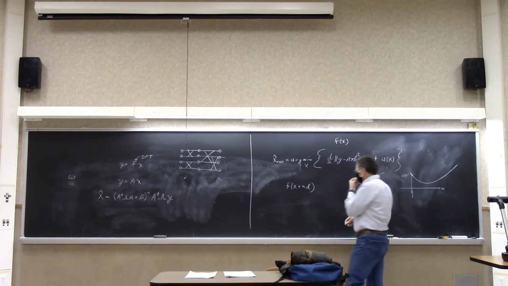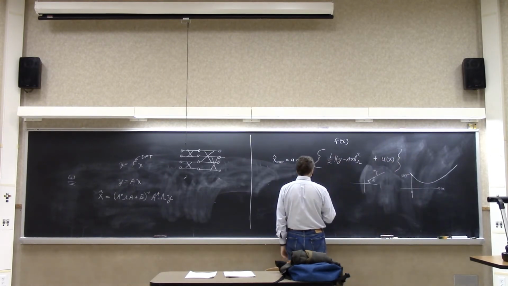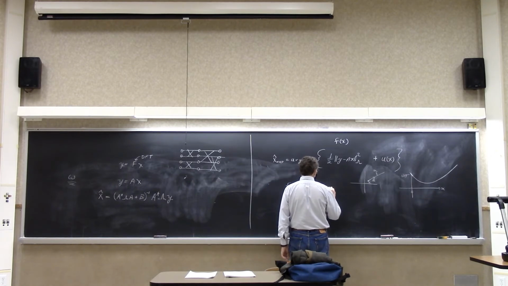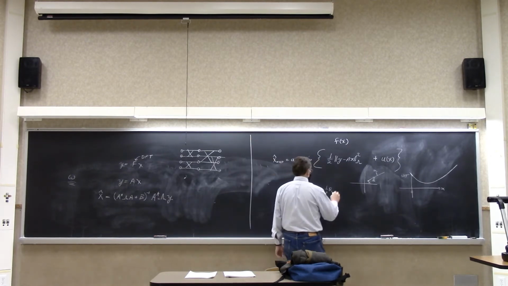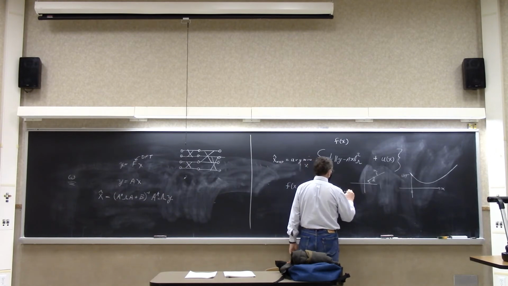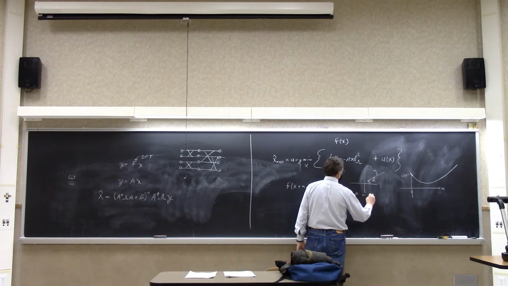So that would be like 1/2, I'll call it theta 2, oh gosh, what do I use then? I guess I use theta 2 times alpha squared plus theta 1 times alpha plus c.